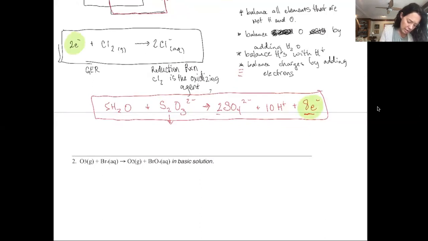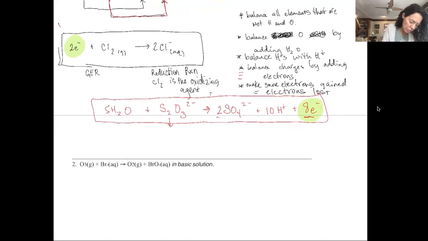So in my steps, I'm going to make sure electrons gained equal electrons lost. All right. And I can do that by taking everything in the first reaction and multiplying it by 4.